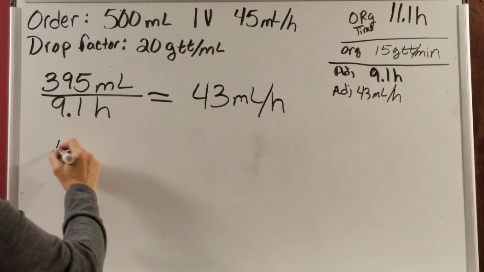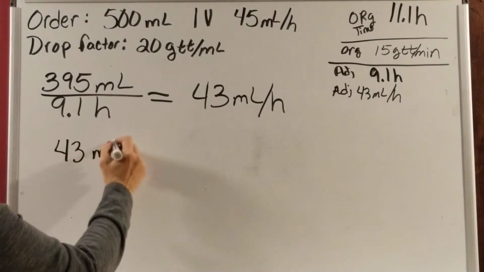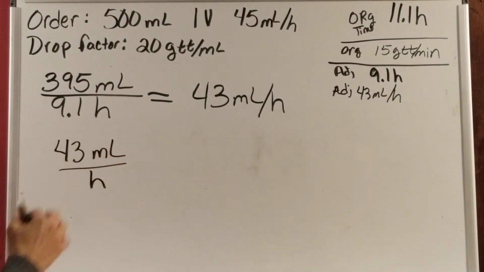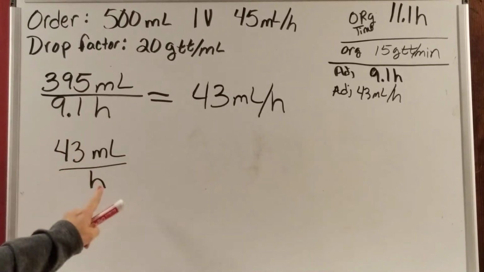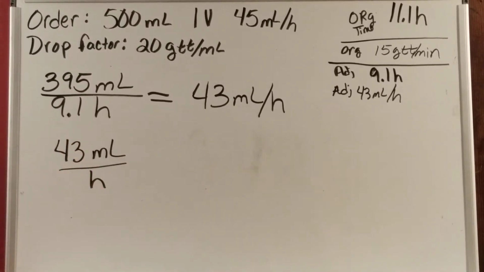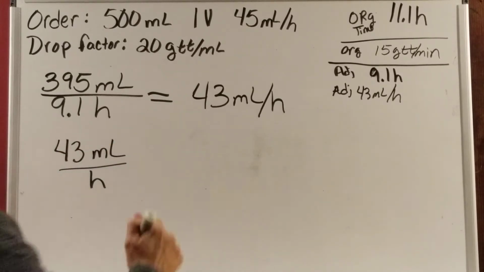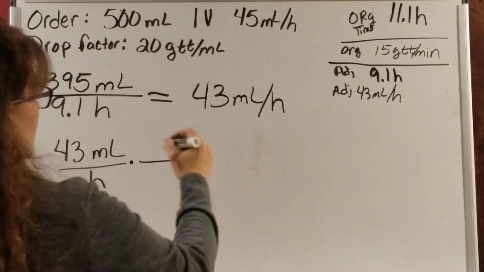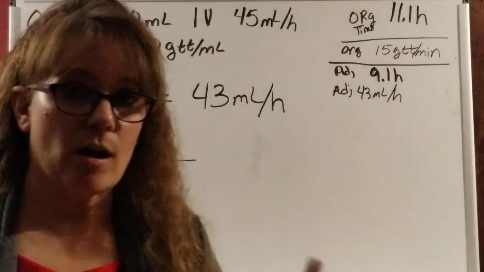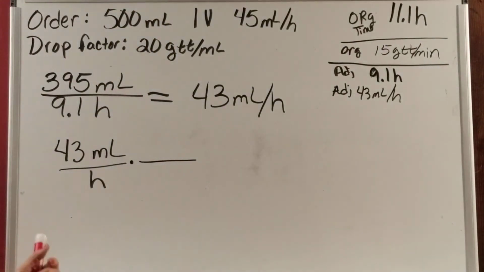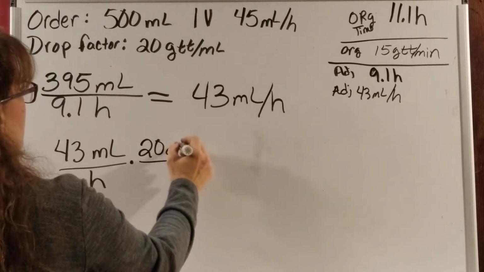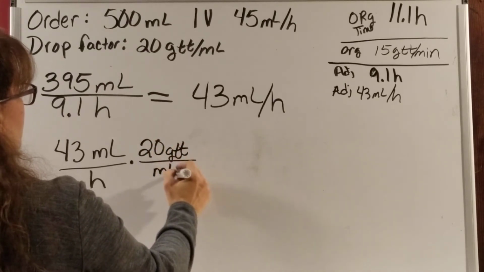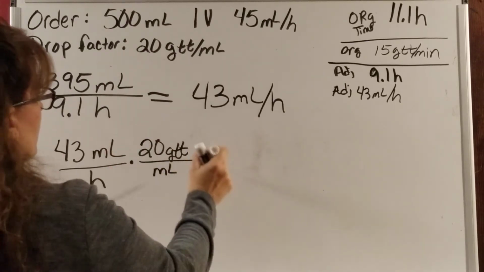We're going to take that 43 milliliters per hour. And again, for those of you that like shortcuts, you know that's 1 hour. We can replace that 1 hour with 60 minutes, or we can add on a needed conversion. The part that I said did not change was the drop factor. Remember I showed you at the beginning, that is 20 drops per milliliter. And let's add on our needed conversion.